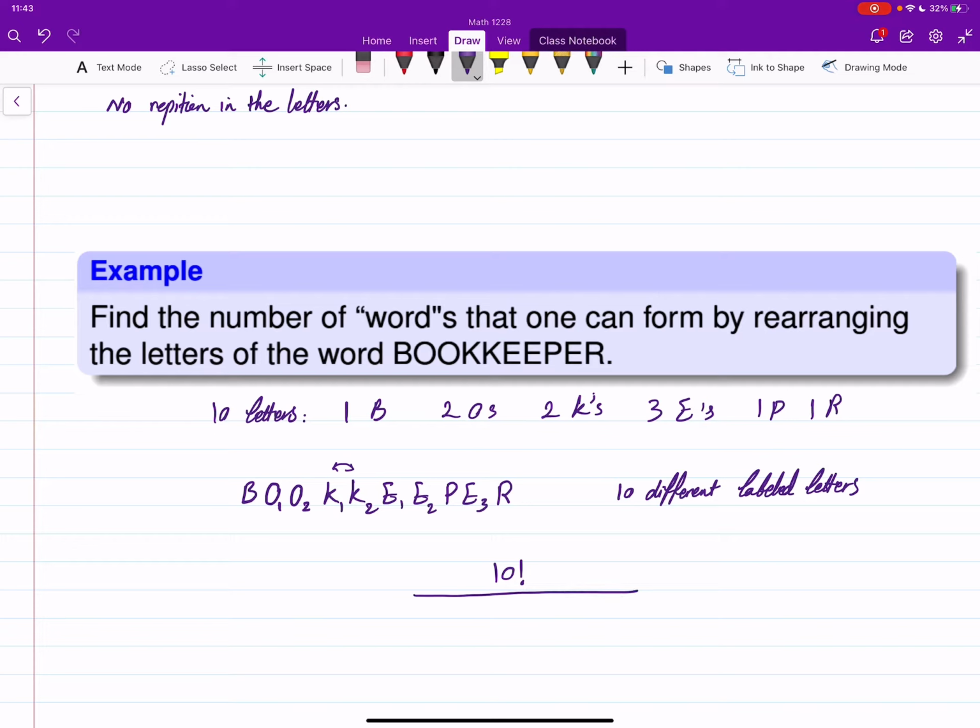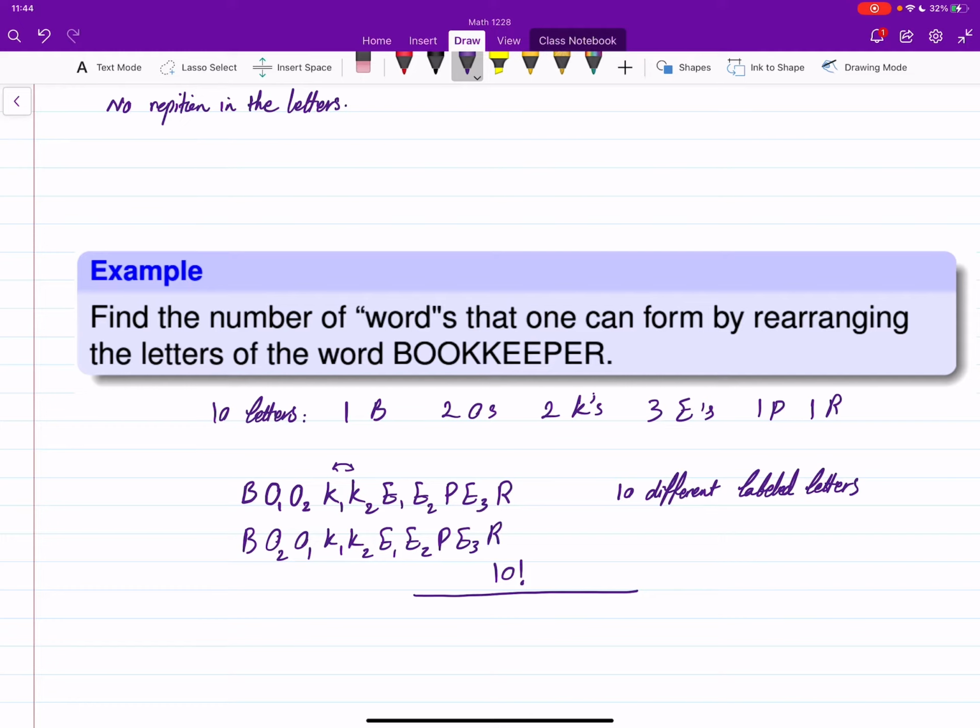But we just made something funny there. If someone makes this word, let me write it: O1, O2, O1, K1, K2, E1, E2, P, E3, R.